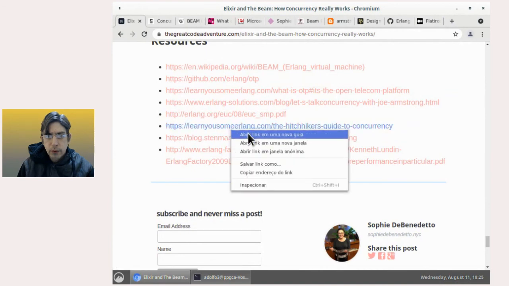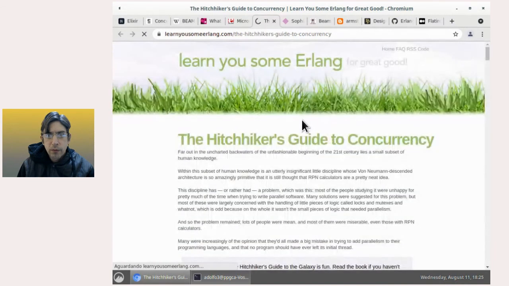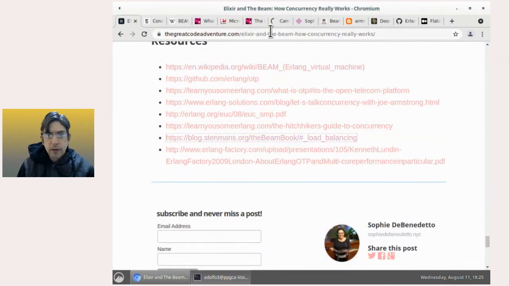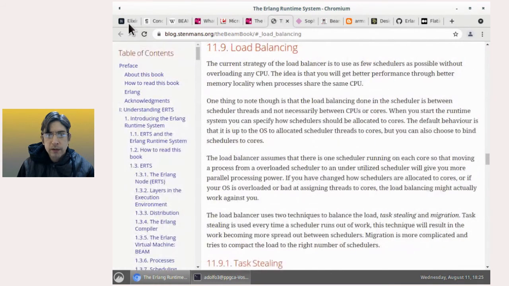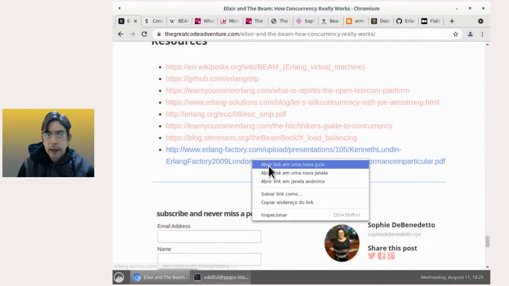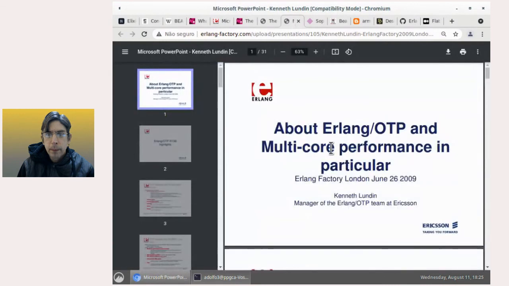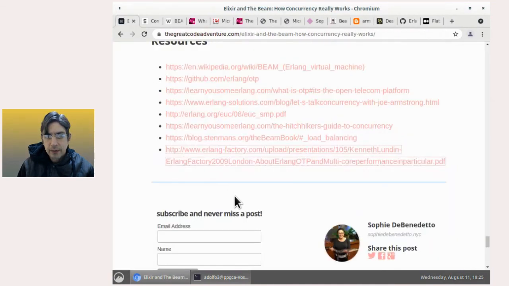Another one from Learn You Some Erlang for Great Good by Fred Hébert. This blog post on load balancing from the BEAM book. And something from Kenneth Lundin on CodeBEAM. Now it's called CodeBEAM, but in the past it was Erlang Factory in 2009.